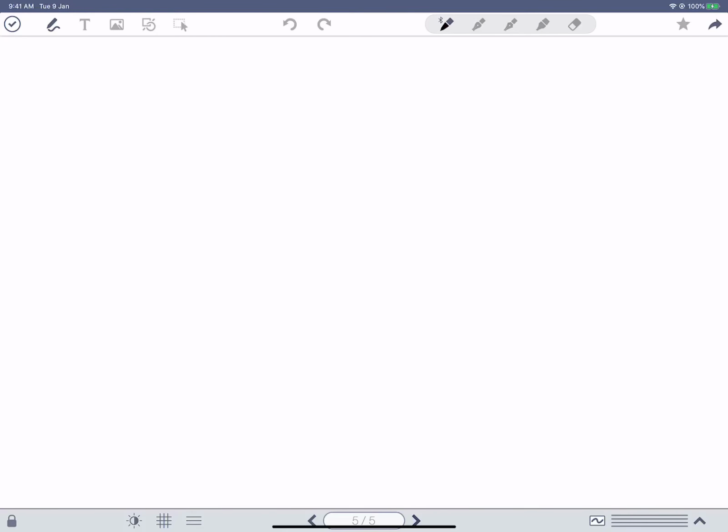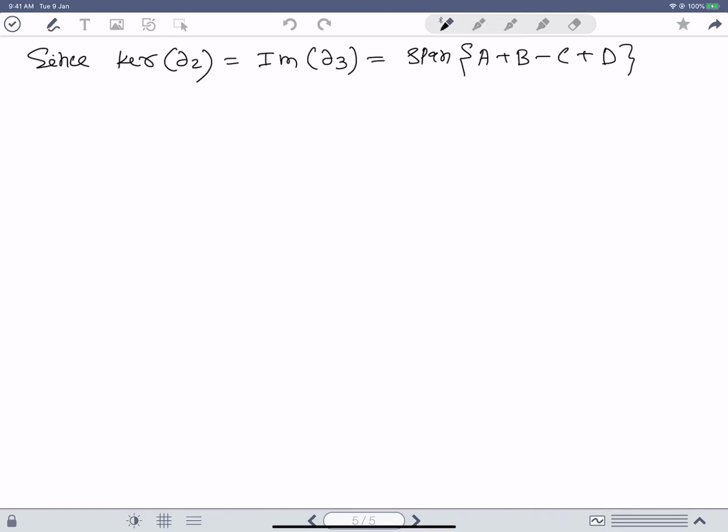Since kernel of del 2 equals image of del 3 and both are the span of A plus B minus C plus D, we have the second homology of RP3, which is kernel of del 2 quotient with image of del 3, that is 0. That is just isomorphic to 0.